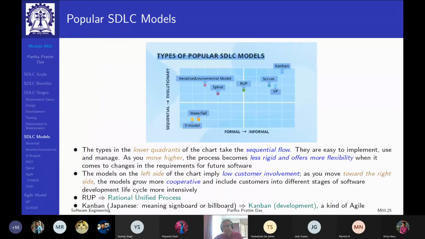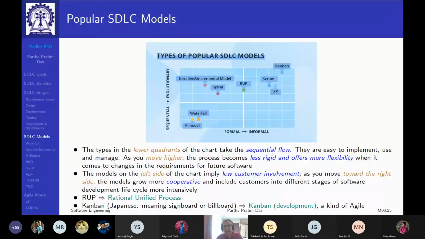If I put the popular SDLC models in perspective, this is how it will look. On the x-axis, as you move from left to right, you are going from formal to less formal. And on the y-axis, as you go up, you are going from a sequential model to an evolutionary, adaptive model.